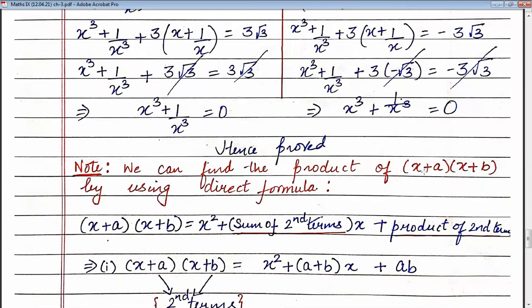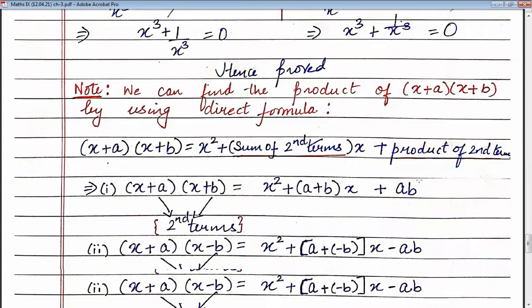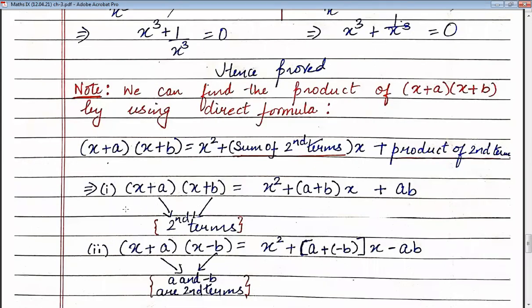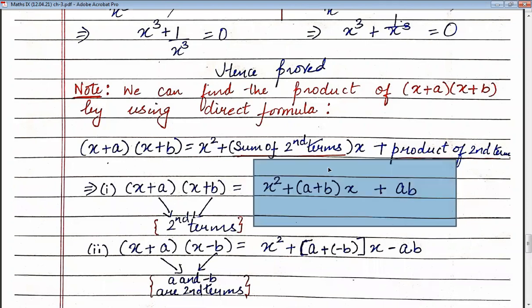If the first term is the same in these two expressions, you can use the formula directly: you square the first term, that is x square, then you add both the second terms of the expression, that is a and b. So you will write a plus b times x, and then you will write plus the product of both the second terms.